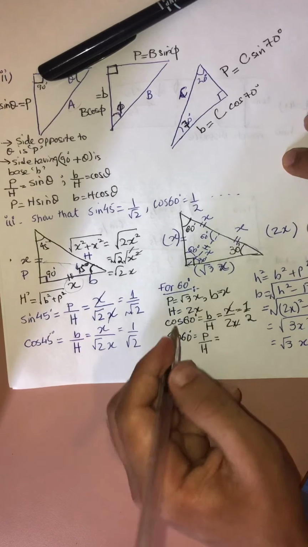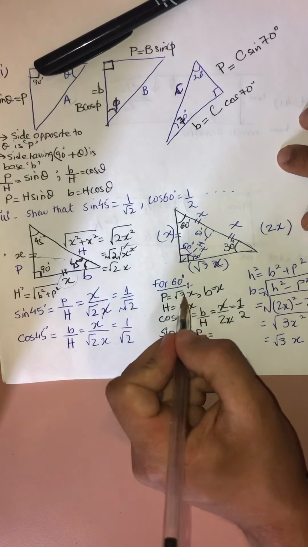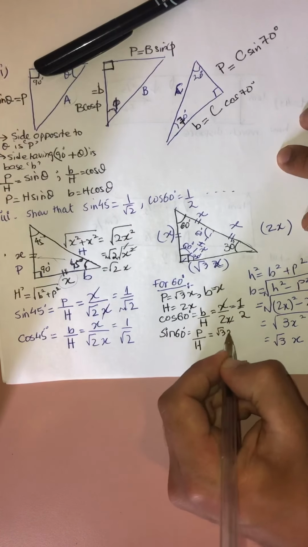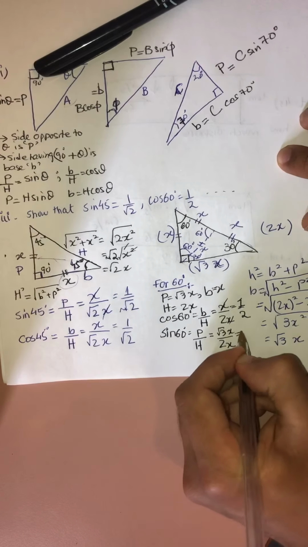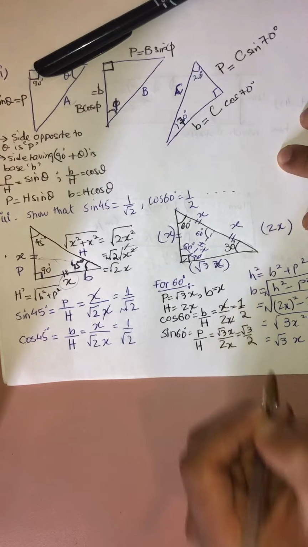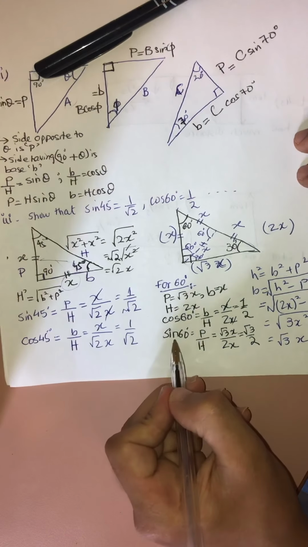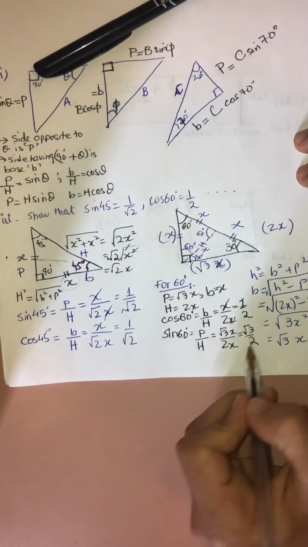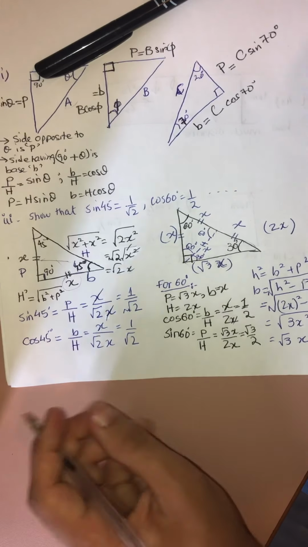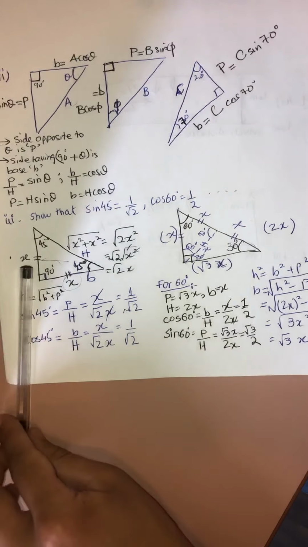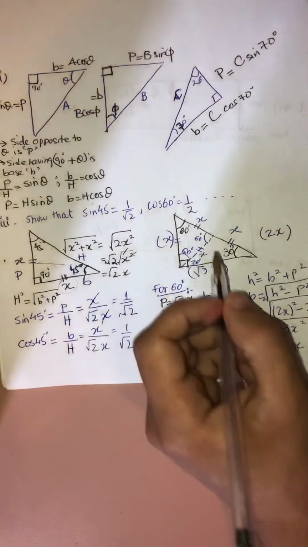This gives under root 3x divided by 2x, which gives under root 3 divided by 2. So sine 60 is under root 3 divided by 2 and cos 60 is 1 over 2. We can do it for 30 as well.